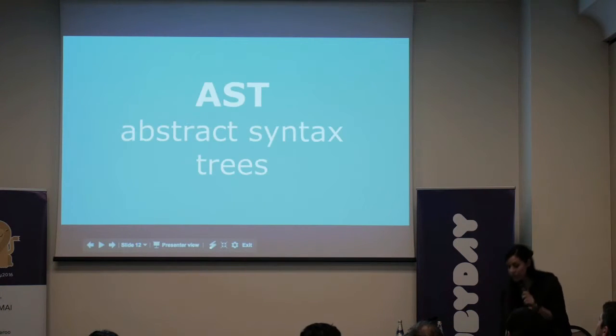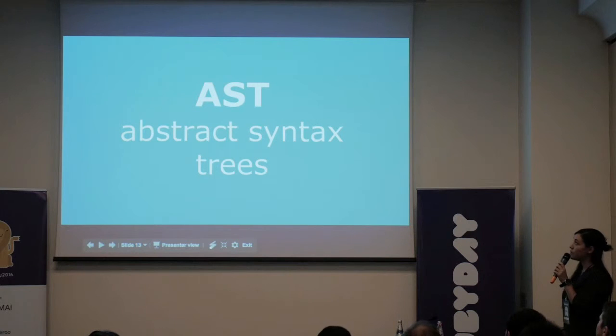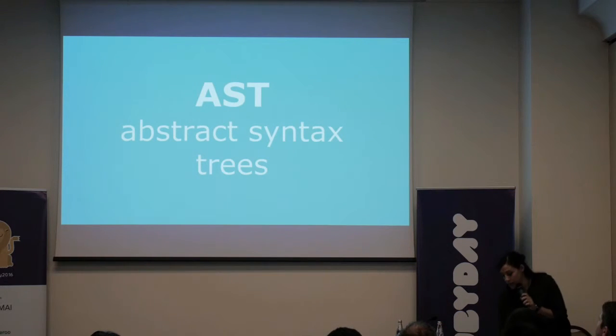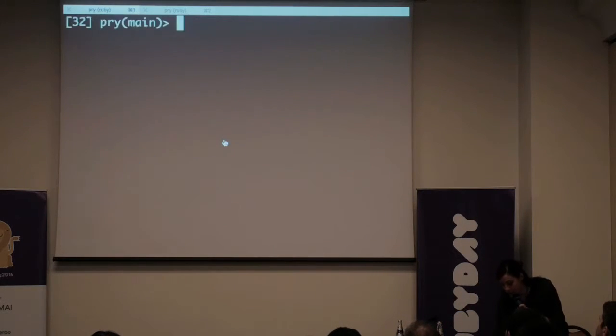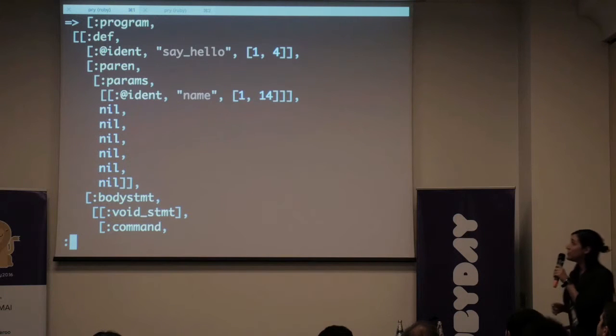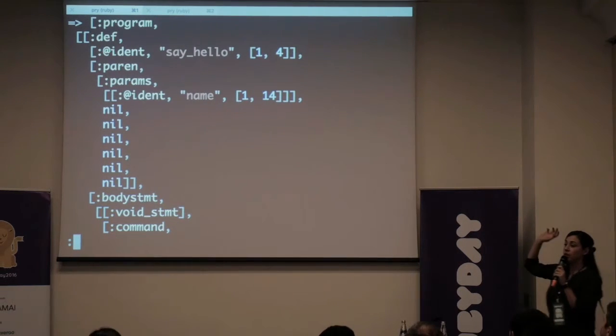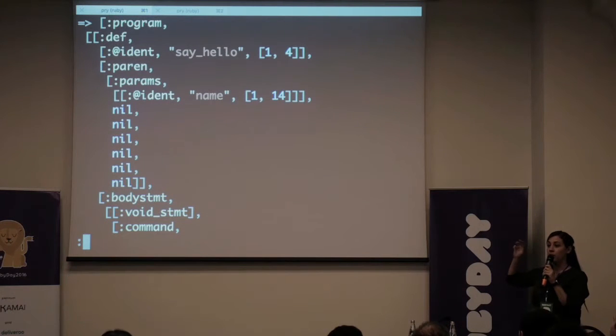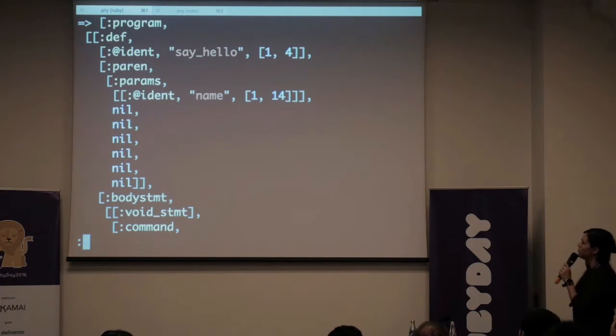So the next step is to parse that into an abstract syntax tree. We can also use the Ripper library to represent what a script would look like in that format as well. Okay, so what we've done is we've actually converted that script into a symbolic expression tree.